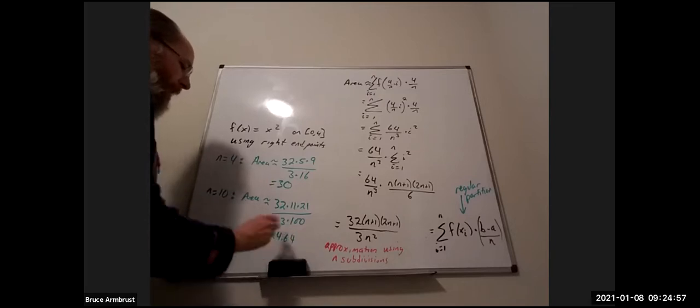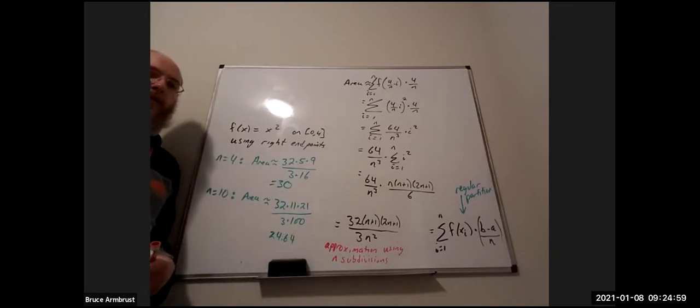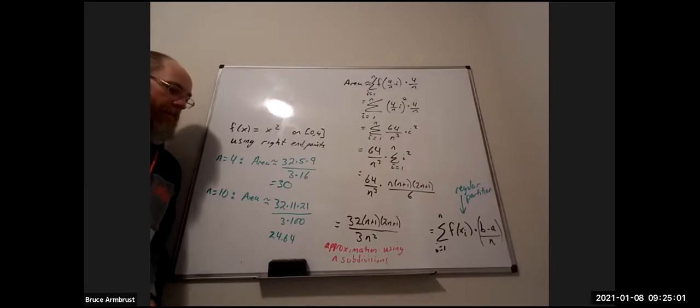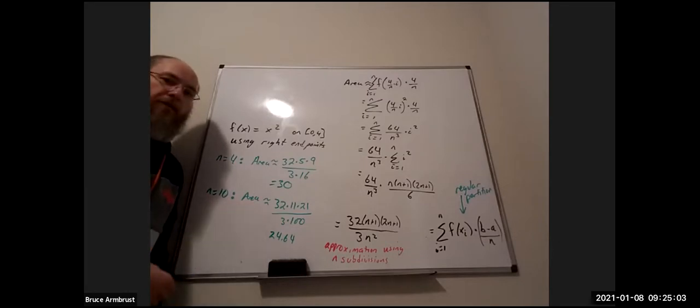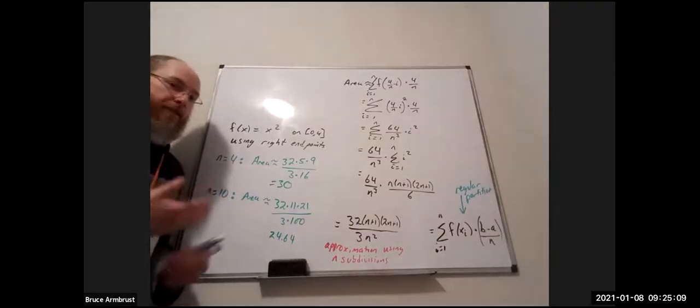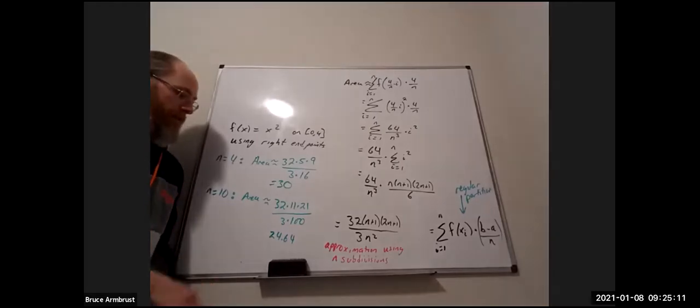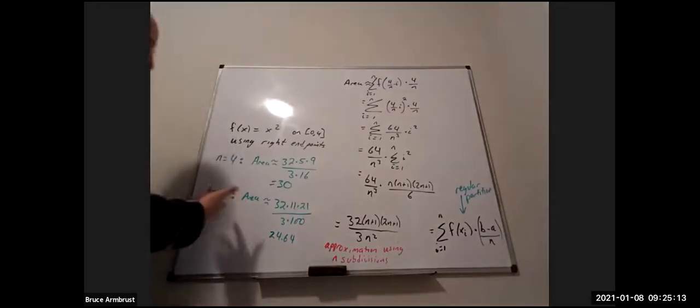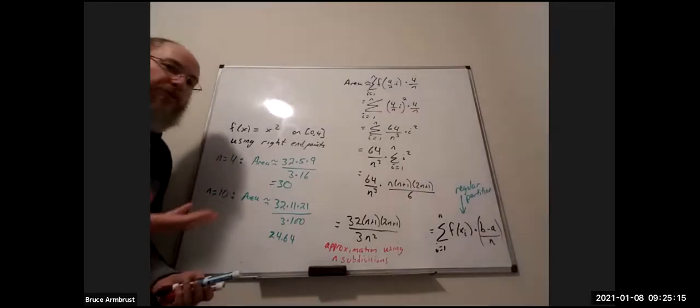So this should be a better approximation for that area because we're using more intervals. The difference between the rectangle areas and the actual area is getting smaller. All right, well, that's great. That's if we did 10. Let's do 100.